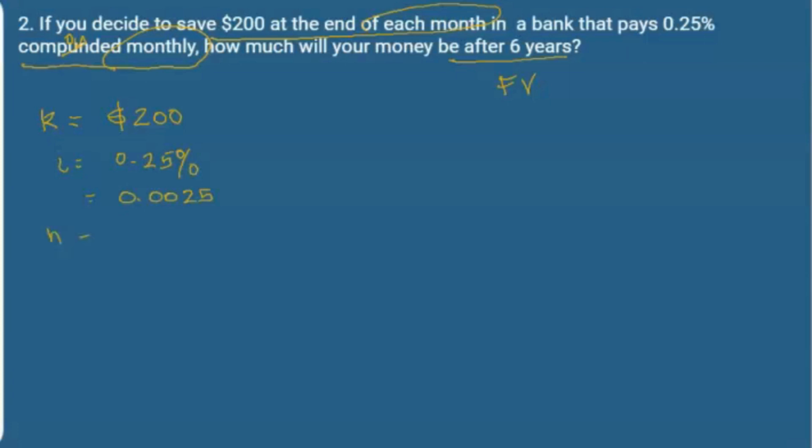N is 6 years, and there are 12 months in a year, so 6 times 12 is 72. And m is, of course, compounded monthly, so that's 12.